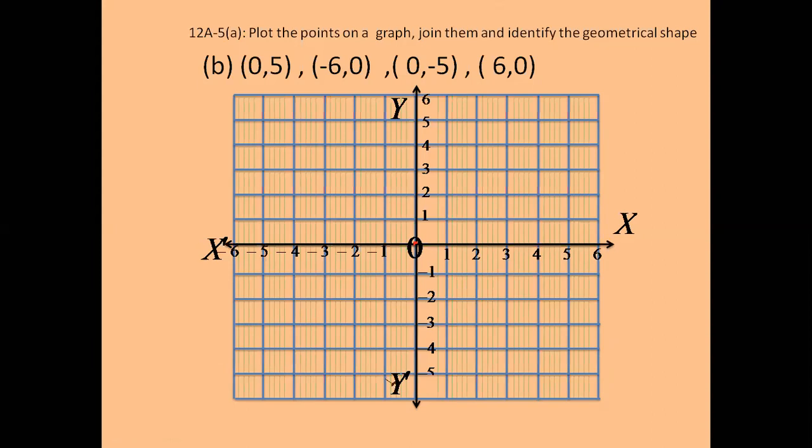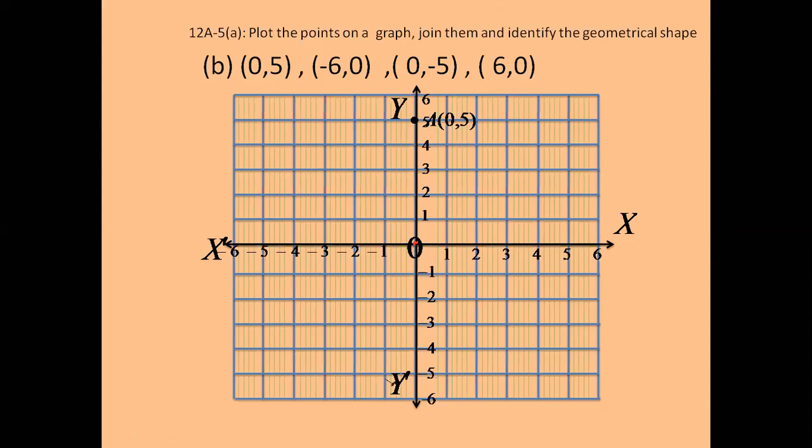Okay, so now point A will be here because no value of x is given, so it will be at the center. Now the y value is plus 5, so it will be upper 5. So yes, we can say point A is here. Now minus 6, 0.